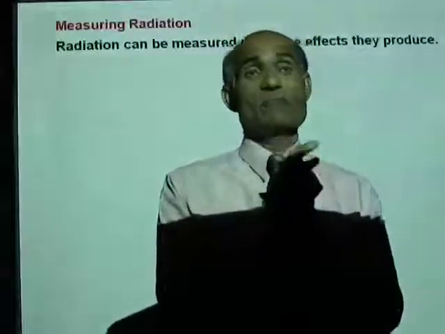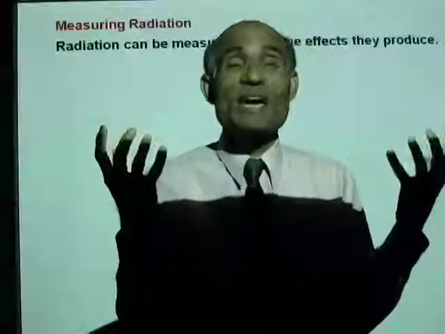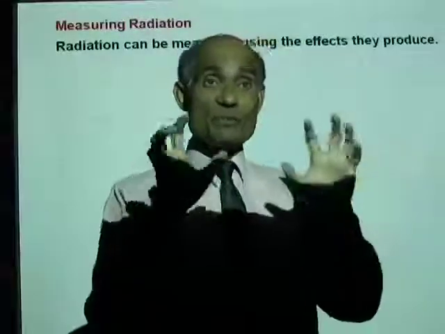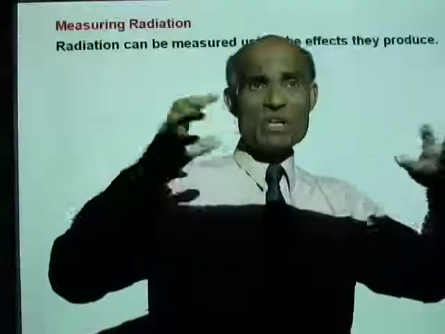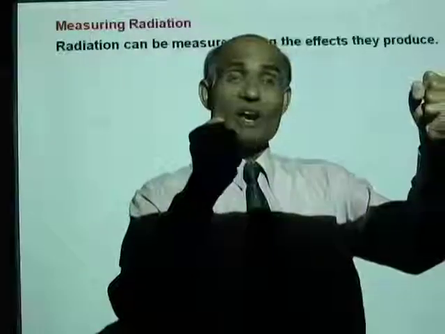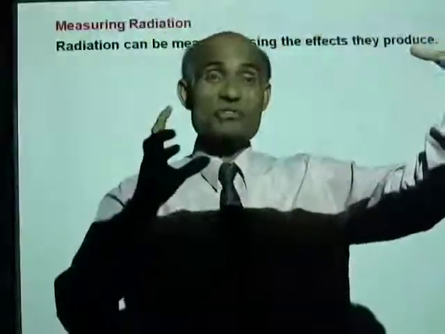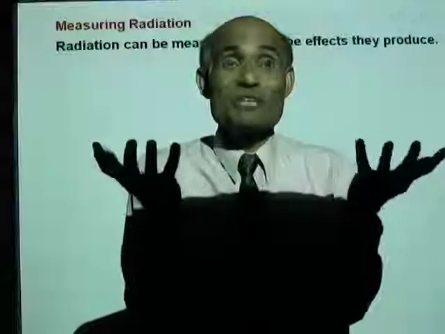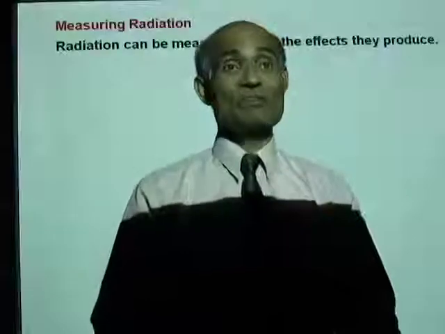Now, normally, air around us is not a conductor because air doesn't contain free electric charges. But if radiation is passed through air, those radiations can create ions. And when ions are generated in air, there are free charges. That means air can be made electrically conducting. You see? So this is one way to detect the presence of radiations.